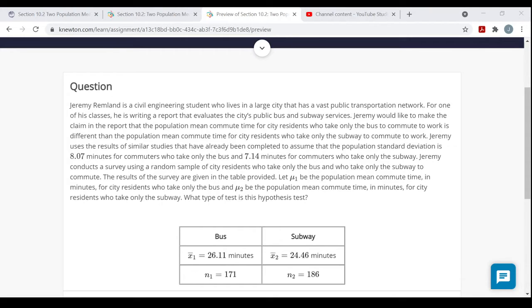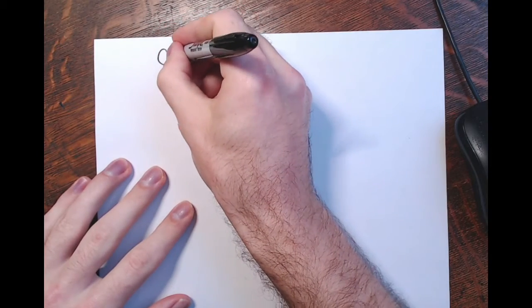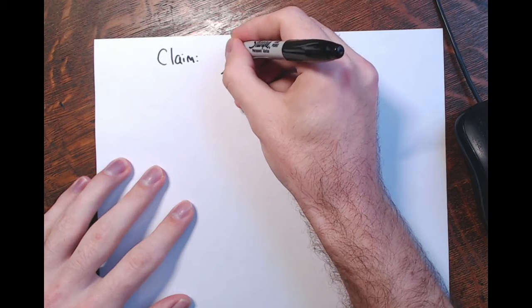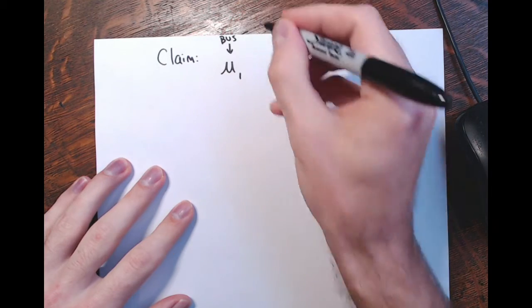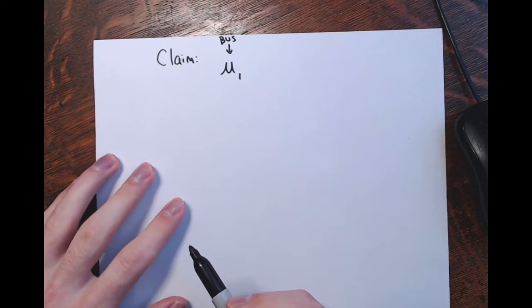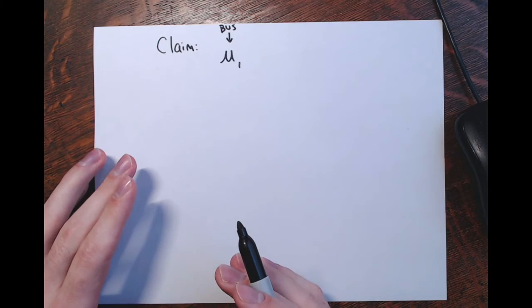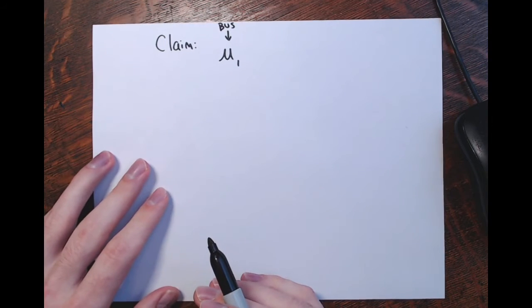Alright, so I'm going to write this right now on some paper. The claim. Let's say this is for the bus. They're telling us that later in the problem, they're saying let mu1 be the population mean commute time for a bus in minutes, for people who take only the bus.